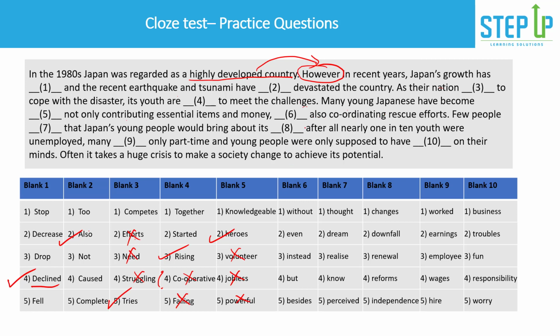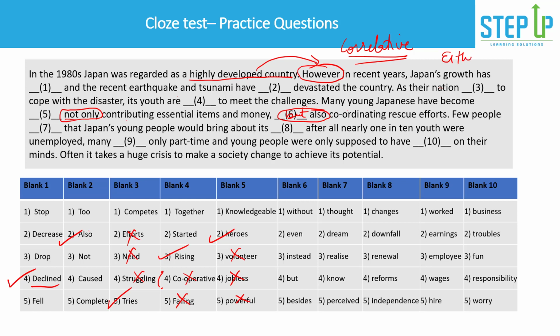So they're not only contributing essential items and money, and now not only this but also, right? So now see, not only contributing this but also contributing this. Now this is a case of correlative conjunctions, right? Like how some words always go together.